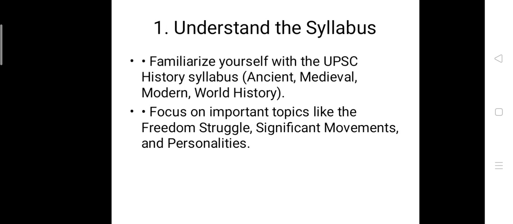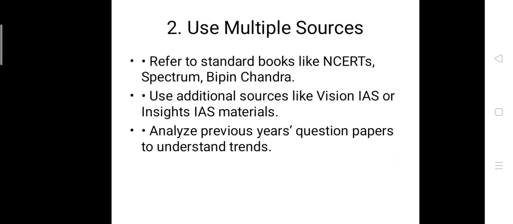Most of the questions are asked from modern India, so you need to focus on that, and then on important topics like the freedom struggle, significant moments, and personalities like Mahatma Gandhi and many others who led the freedom struggle. These are the areas that need to be focused on.